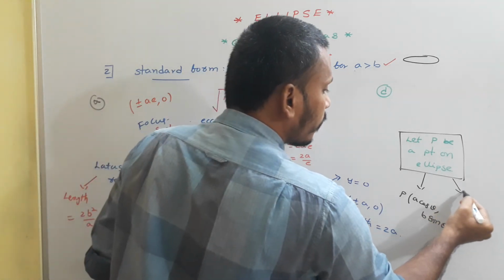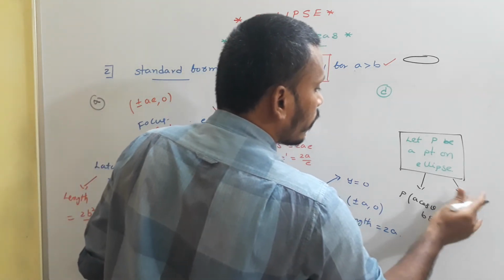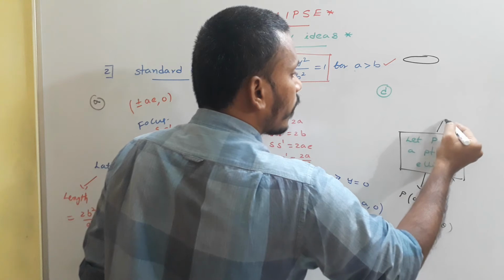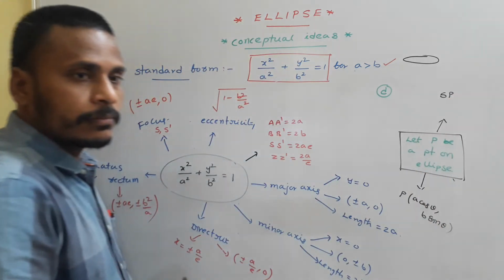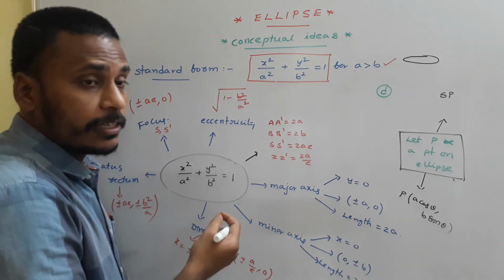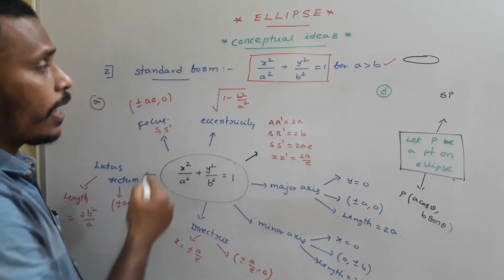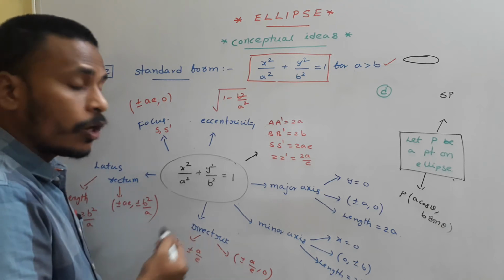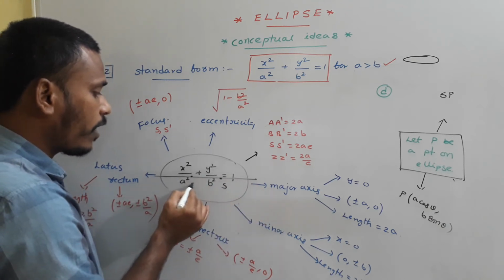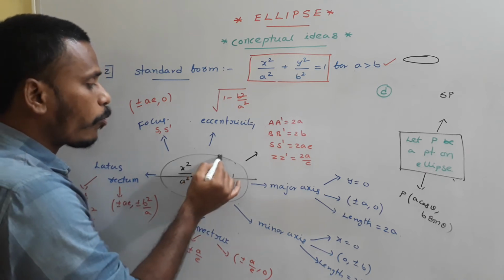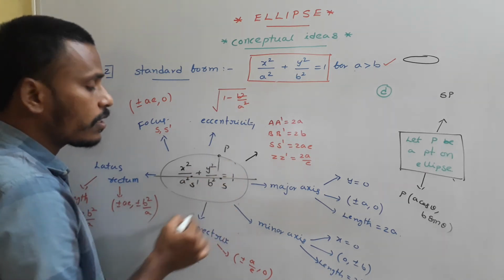The second thing: if you wish to calculate the focal distance SP or S dash P, as we said, according to symmetry this ellipse has two foci. Here we have one focus and here we have another. Now P is a point on this ellipse. What is this distance SP?